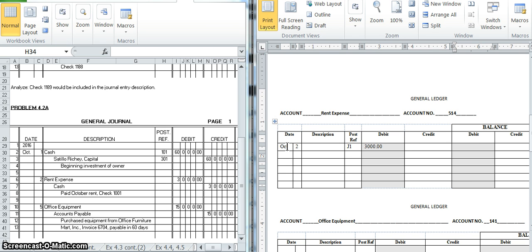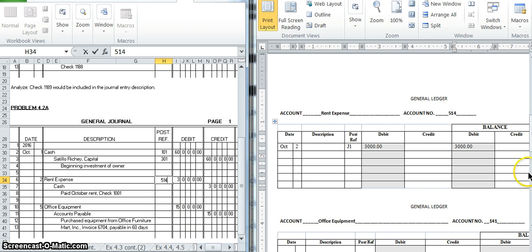So now we have a debit balance of $3,000 in our rent expense. Then we take the account number for rent expense and go back to the journal and enter it. This is the procedure you must use for all posting.